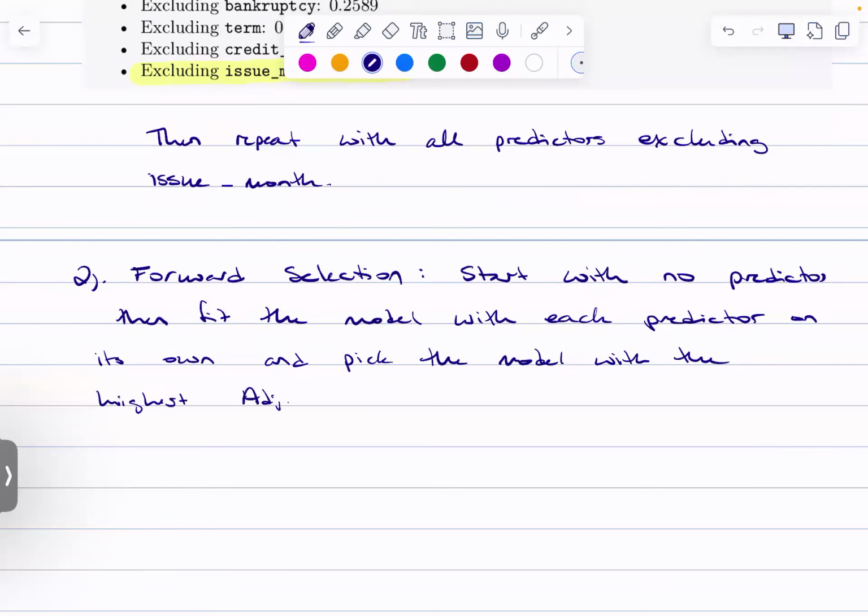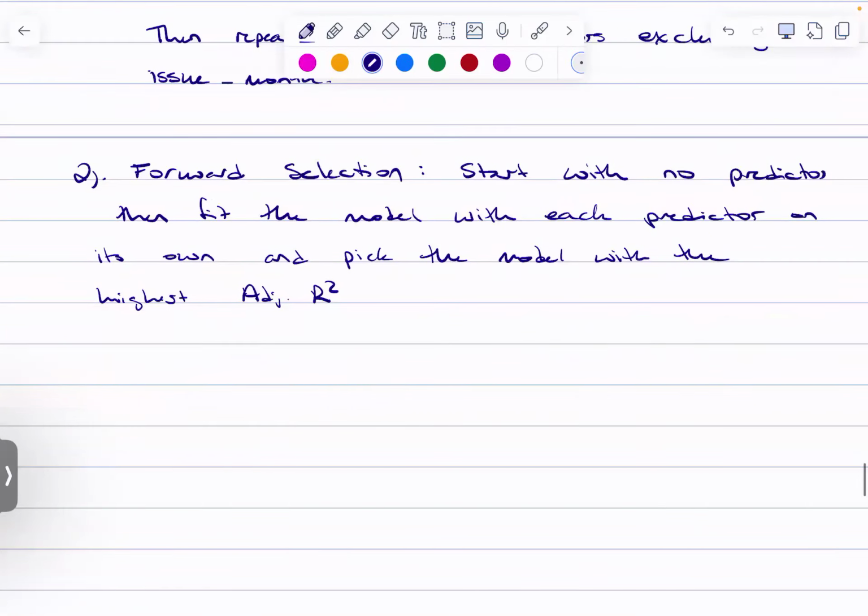It has to be higher than the zero model. Okay, so no predictors. The adjusted R squared for zero predictors is 0. Higher than 0, for that first step.